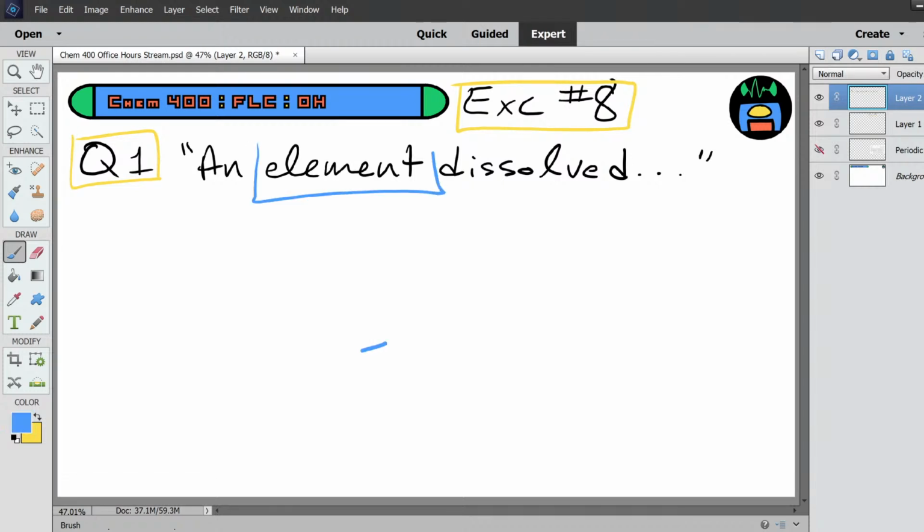The fact that we're dealing with an element means that our Van Hoff factor is going to be equal to 1.